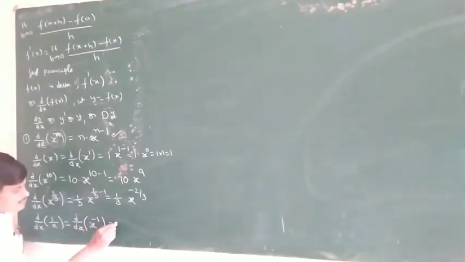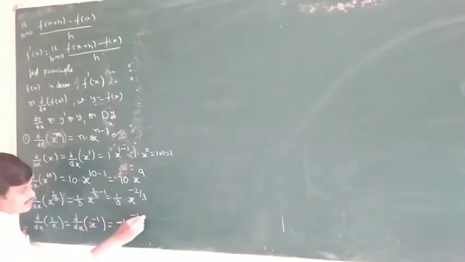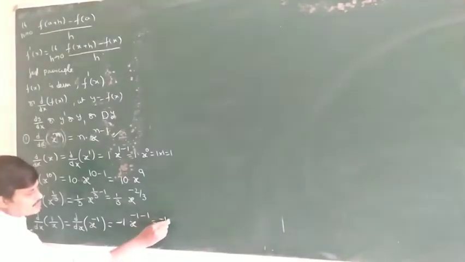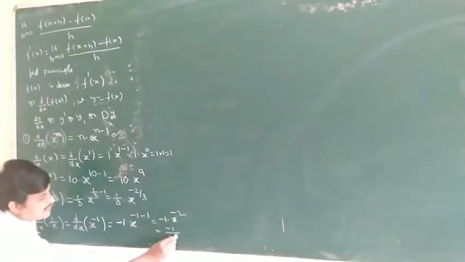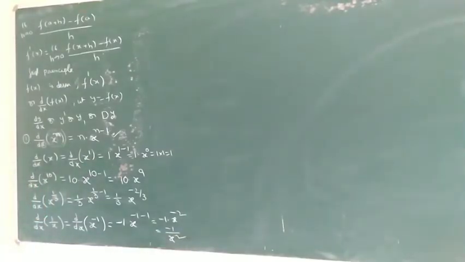Using n into x power n minus 1, that is equal to minus 1 into x power minus 2, which is equal to minus 1 by x square.